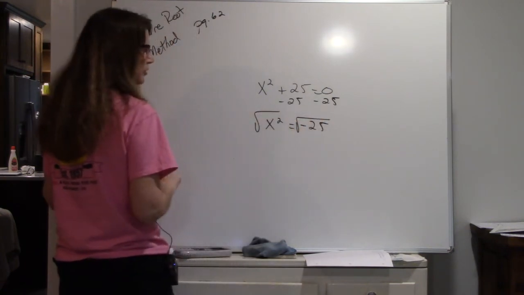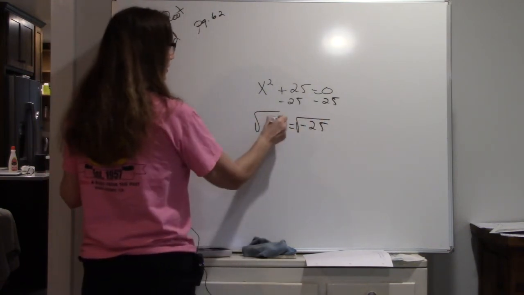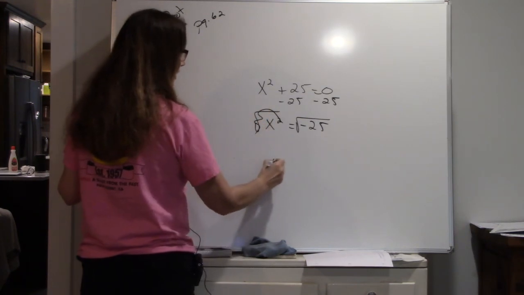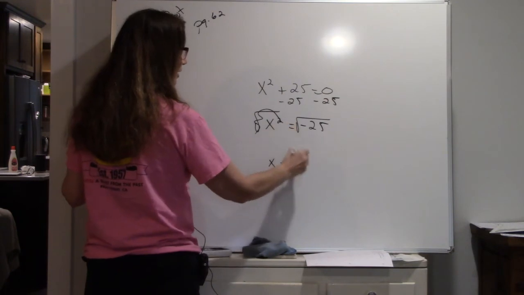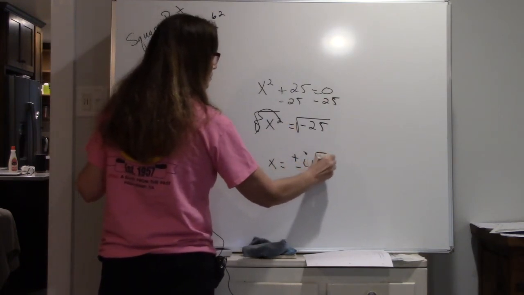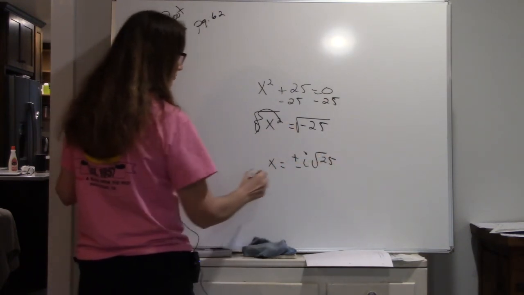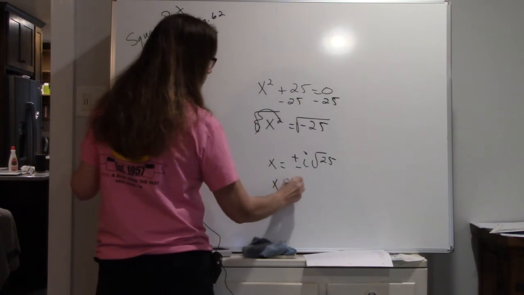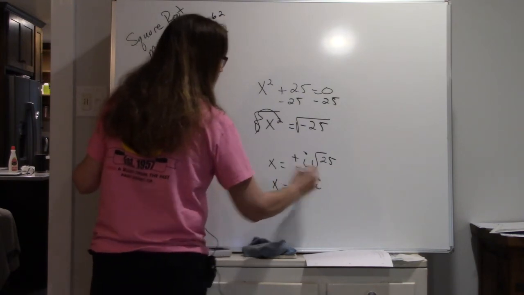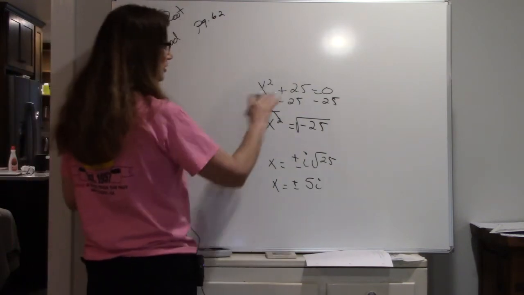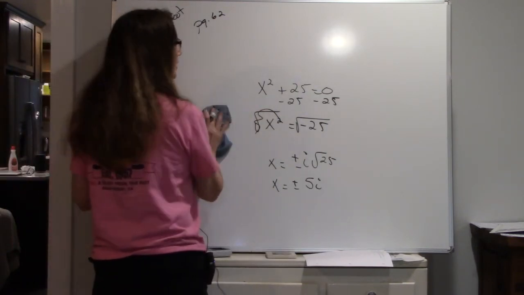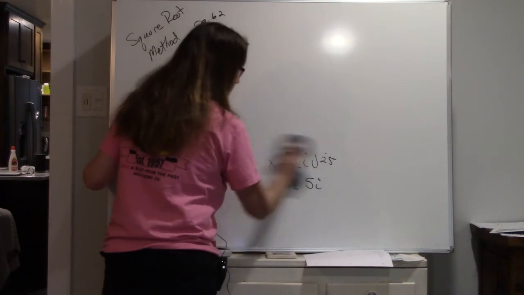You know what to do with your negative underneath a radical. So I have x equals plus or minus, pull my negative out as an i, and then the square root of 25 is 5, so x equals plus or minus 5i. Again, negative underneath a radical, no big deal, just pull it out as an i, and then simplify like normal.